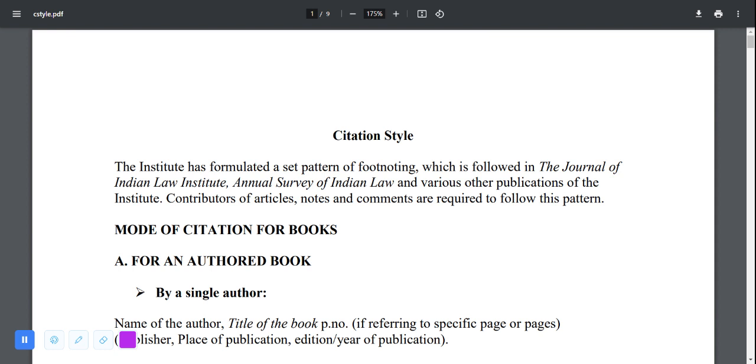And in case there is a subheading, then the subheading should also be numbered. So the heading, subheading, its numbers, and lastly the conclusion at the end.